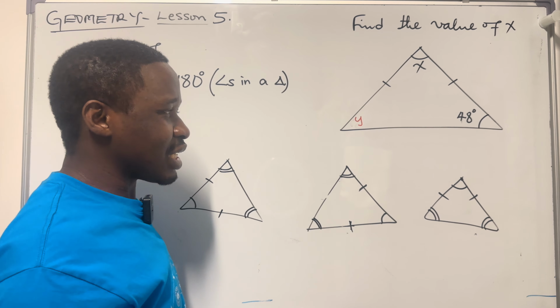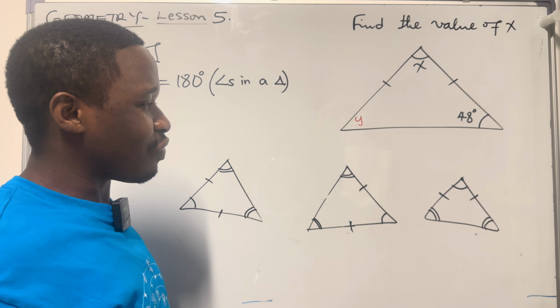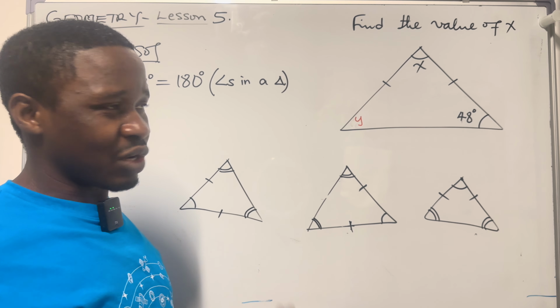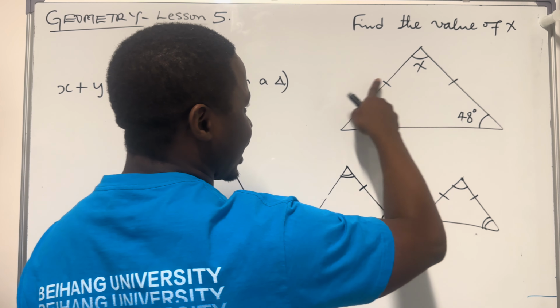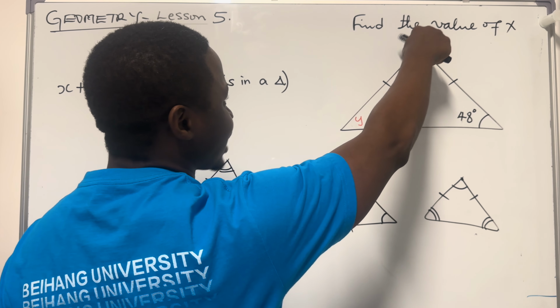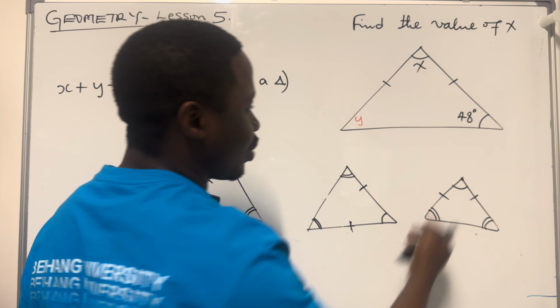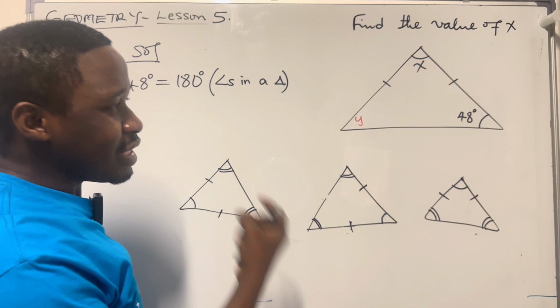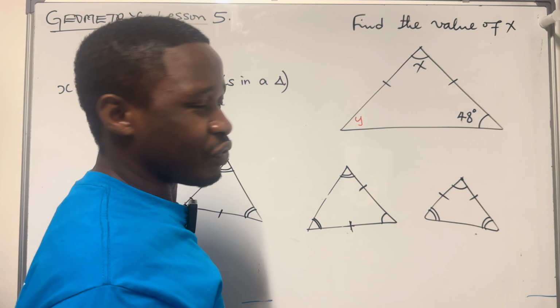So what the theorem says about base angles of isosceles triangle: the base angles of isosceles triangle are always equal. So if this side and this side are equal and they meet at this point to form angle x, then this angle and this angle are the base angles, and these base angles are equal. Hence, y is equal to 48.